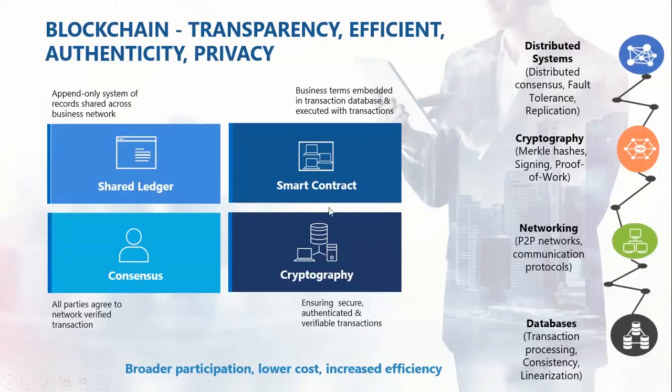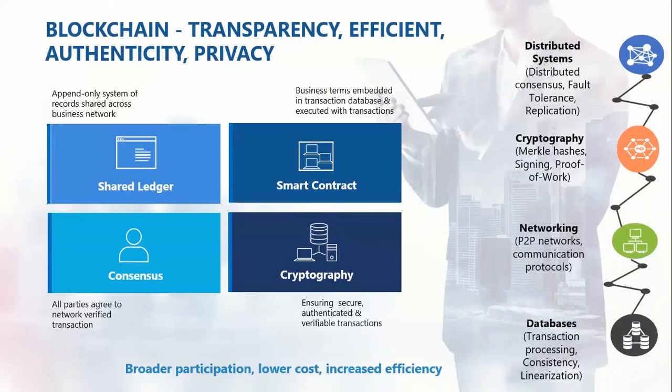This is synonymous with chain code in Hyperledger Fabric, which is nothing but a codification of business-specific logic. Then comes the consensus and cryptography. They are basically the tools that make the whole blockchain framework work as promised, imparting it immutability and network consistency.